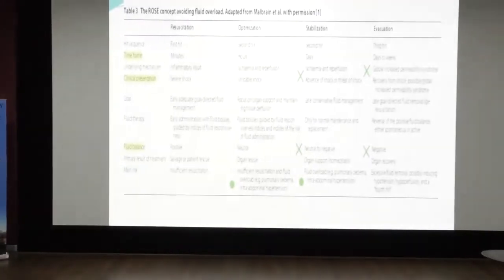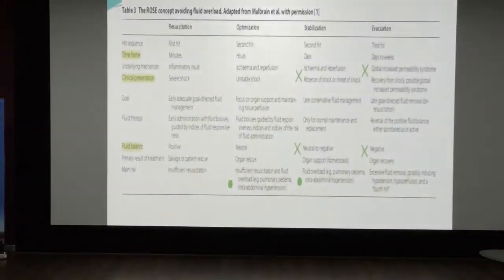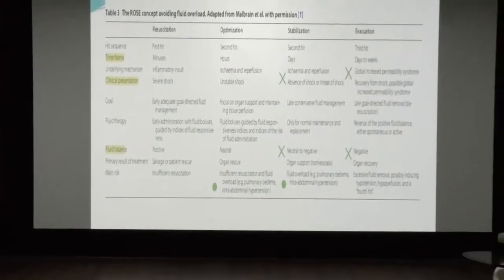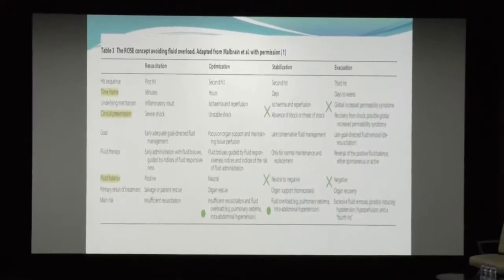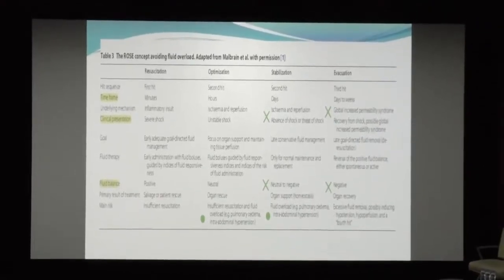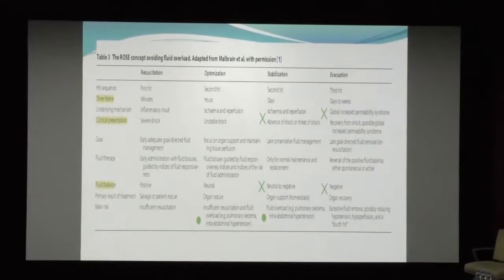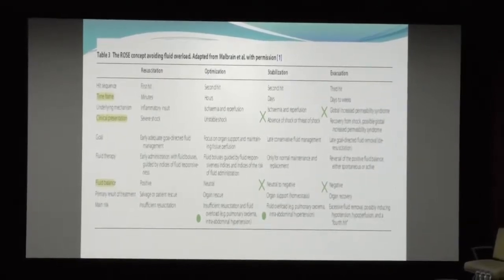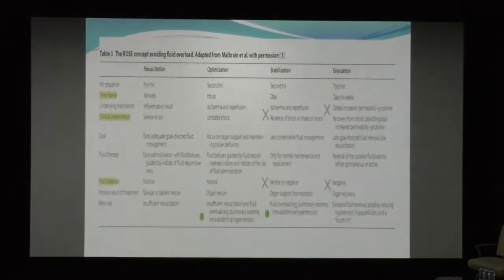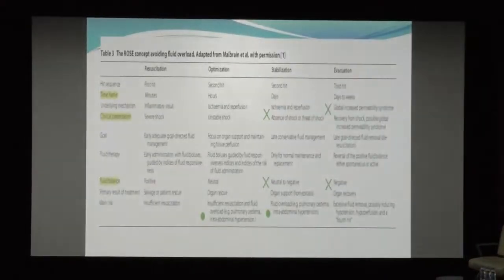In the resuscitation phase, the time frame is minutes, optimization is a few hours up to 24 hours, stabilization is a week, evacuation is days to weeks. So except in the resuscitation phase, you need to be extremely careful before you give fluids, because we are always in an orthodox way of thinking that giving fluids will help.